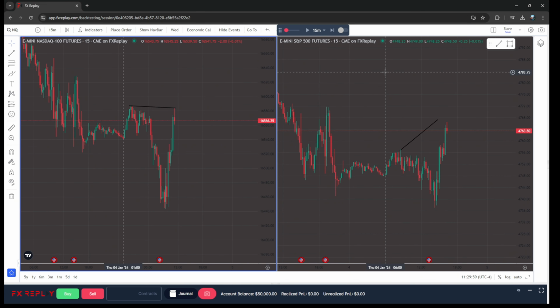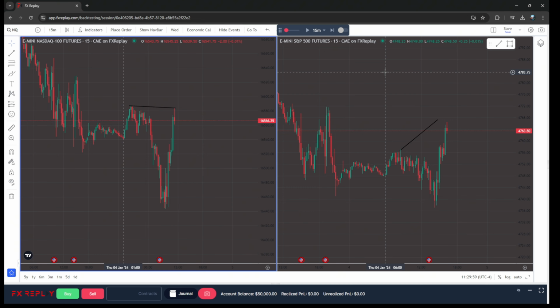Okay, so here's another good example of an SMT. I just forgot to mention earlier that the SMT is not always important. It's mainly important with a higher time frame bias, key level, or other confluence, because you'll find SMTs everywhere, but that doesn't mean they're always going to be useful or correct.